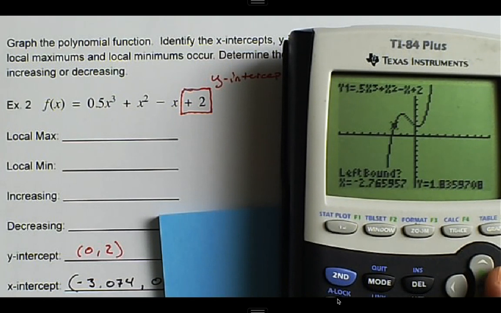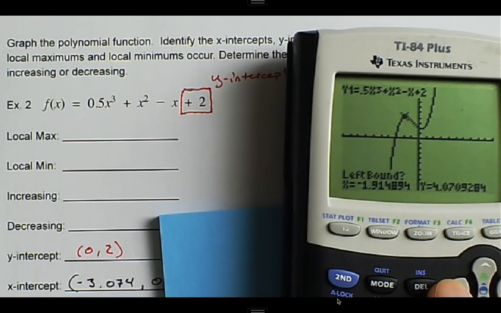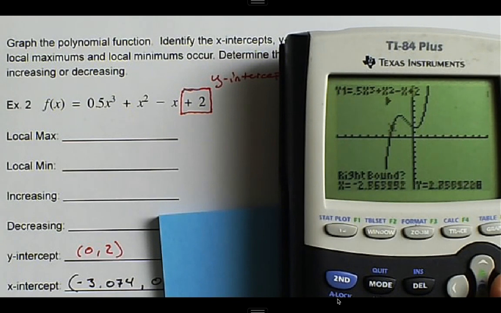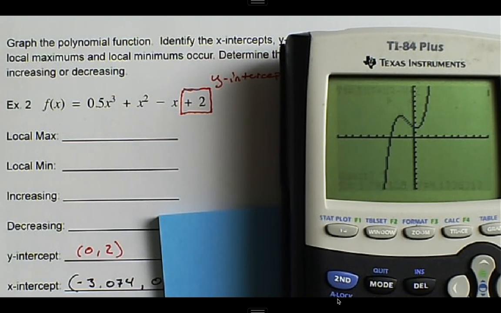So it says left of where you think the maximum is. So I think the maximum is right there. And so I want to be to the left of that. So scroll over to the left. You can see that arrow pops up. Then it says go to the right, or the right bound. So I'm to the right of it. And then it says guess where you think it is. And I think it's right there.